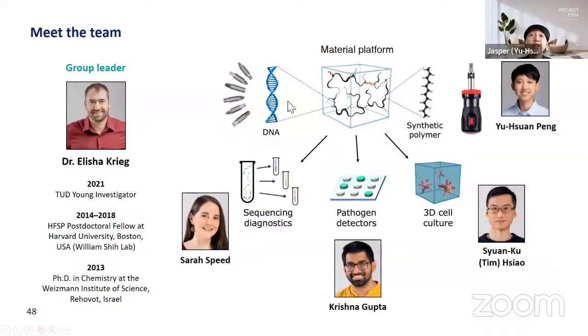We have very diverse applications on this material platform. Right now, my project focuses on how we engineer this material platform for multiple purposes. My colleague, Sarah Speed, has used this material platform to create a programmable nucleic acid and biomolecule capture technique for next generation sequencing.